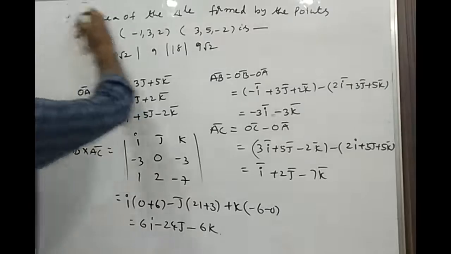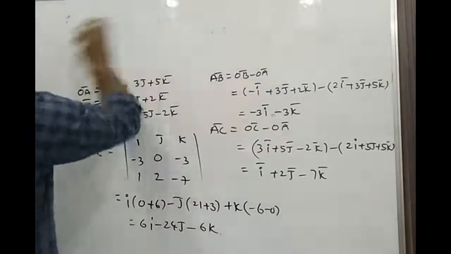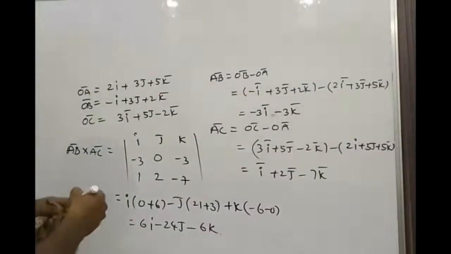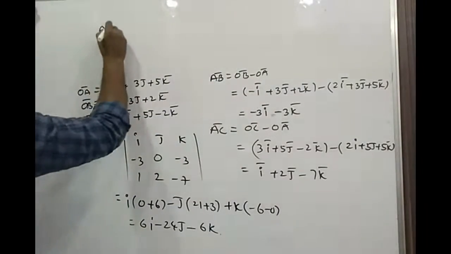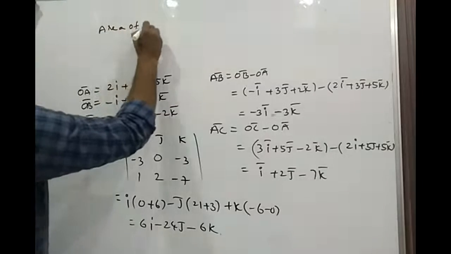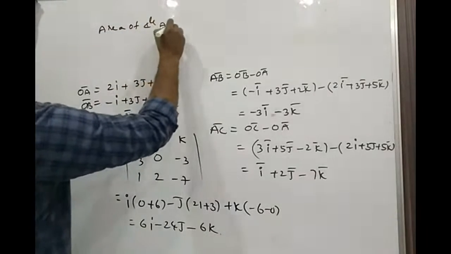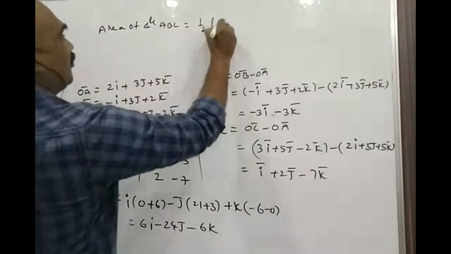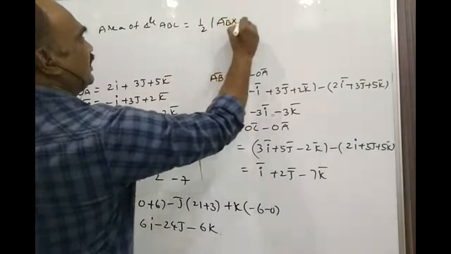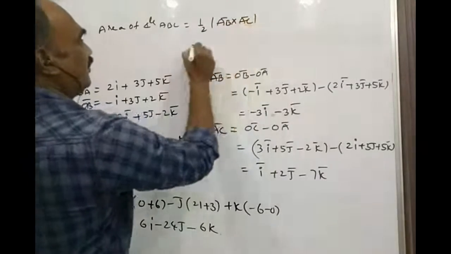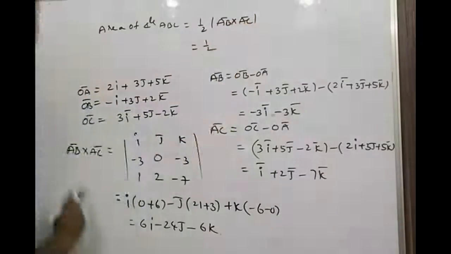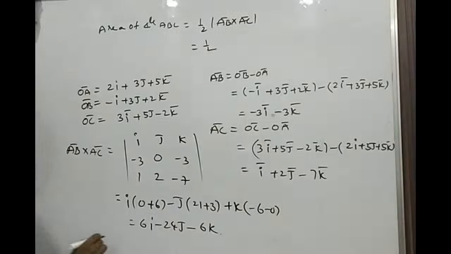Friends, area is equal, formula. Area of triangle ABC is equal to half into mod of AB bar cross AC bar. So next calculate mod of AB bar cross AC bar.